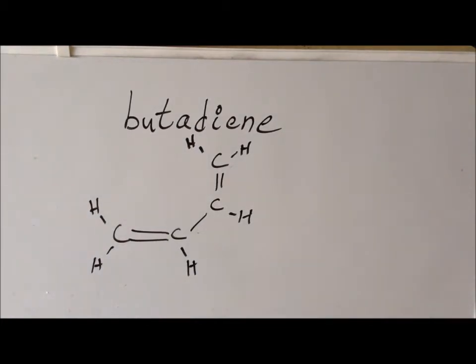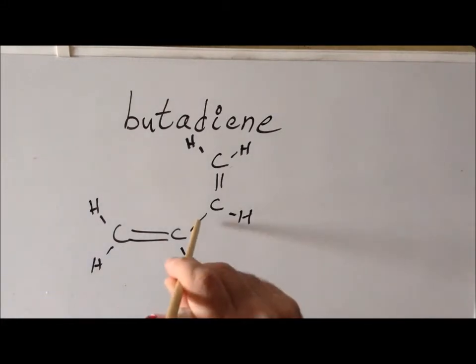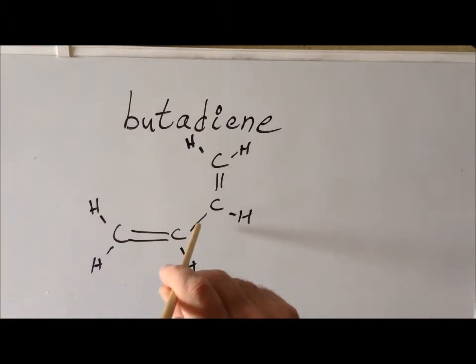Now that we've identified which isomer we have, we want to determine the point group symmetry for the molecule. If we look carefully in the plane of the board, for example, we see that there is no high order rotation axis greater than just the identity.